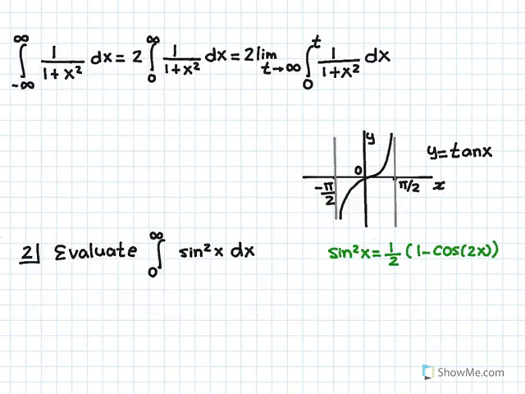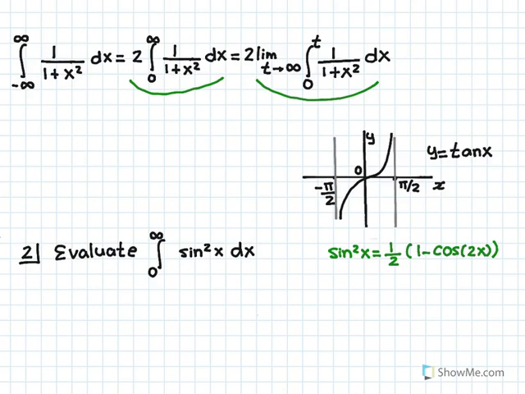All right, so what we have is the integral from minus infinity to infinity of 1 over 1 plus x squared dx. That's equal to 2 times the integral from 0 to infinity of 1 over 1 plus x squared dx. And then we take the limit as t goes to infinity of the integral from 0 to t of 1 over 1 plus x squared dx. Now, what is the antiderivative of 1 over 1 plus x squared?